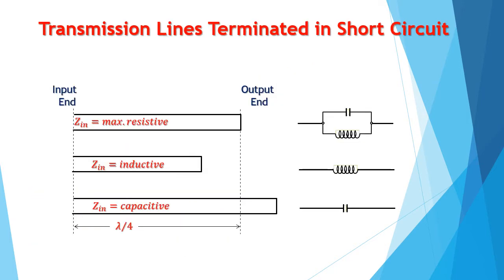For transmission lines terminated in a short circuit, the nature of the line will depend upon the physical length of the transmission line in relation with the wavelength that is propagating through the line.